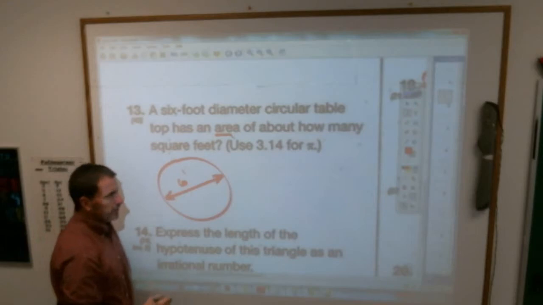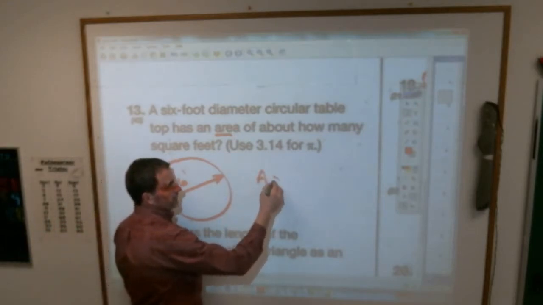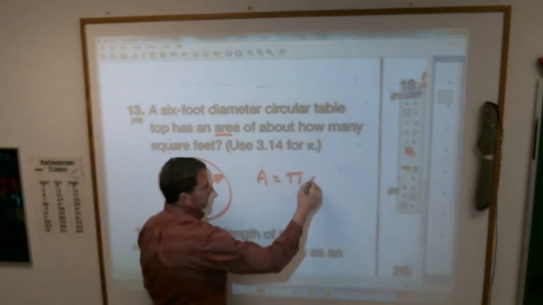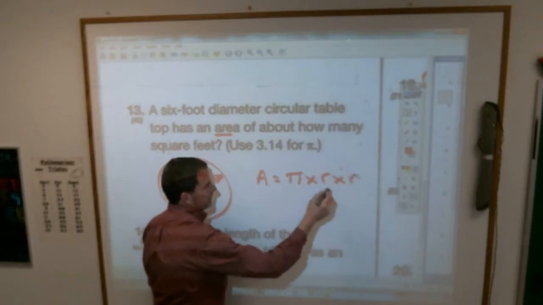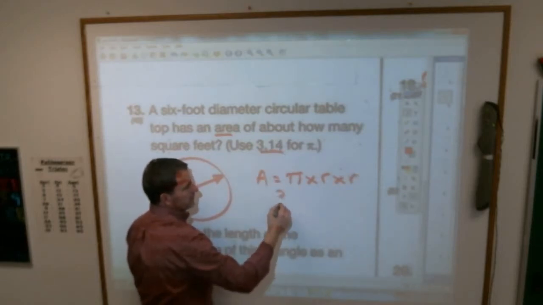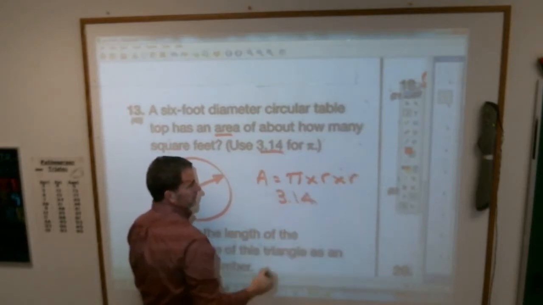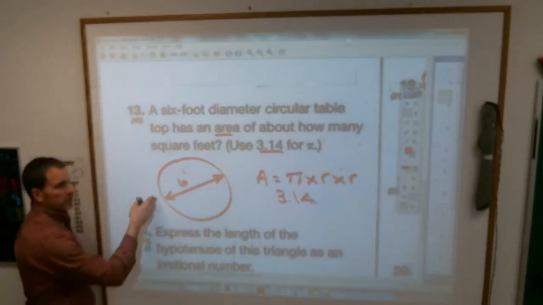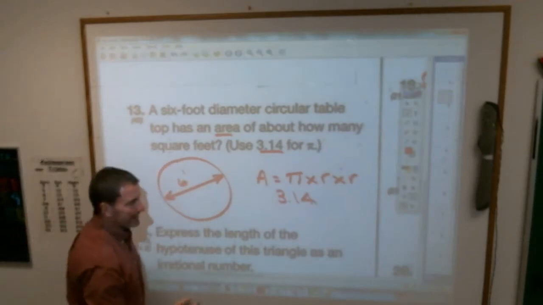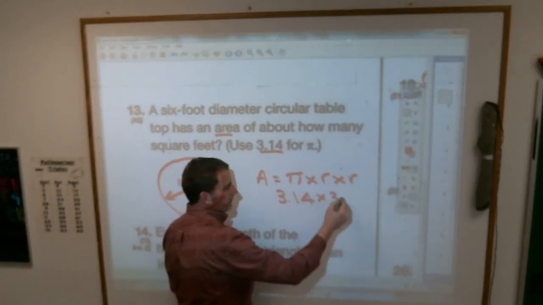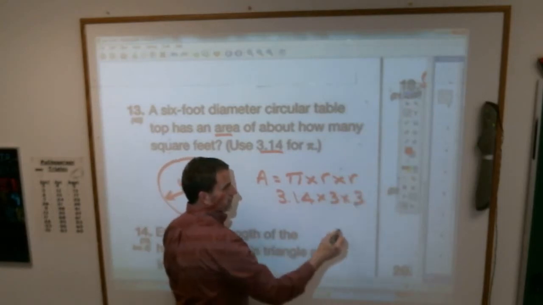Grace, area of a circle is? Pi times radius times radius. And they told you what to use for pi, so that's pretty simple. And the radius, please make sure: 6 was the diameter, so the radius is 3. So you're going to multiply.